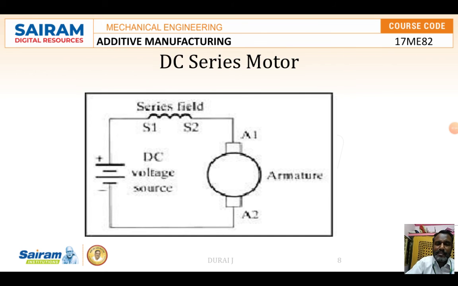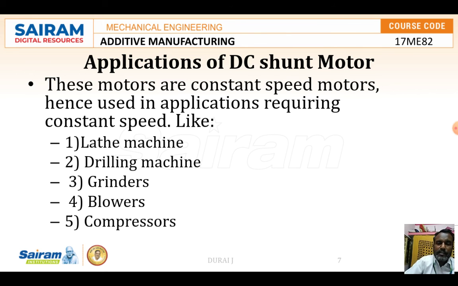Mainly the DC shunt motor is used for various industrial application purposes, like lathe machines and drilling. It has low starting torque and good speed regulation, so the DC shunt motor is used in industrial applications.